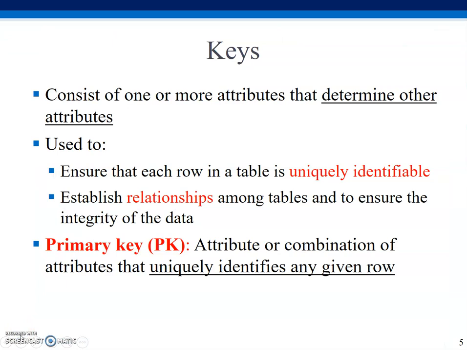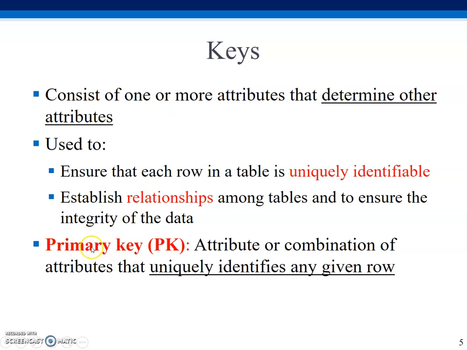Next, a very important concept in the relational data model is the key. So what do you understand by key? A key can be one or more attributes that determine other attributes. In other words, it has to be a field that is uniquely able to identify other rows. One of the examples of a key is what we call the primary key.